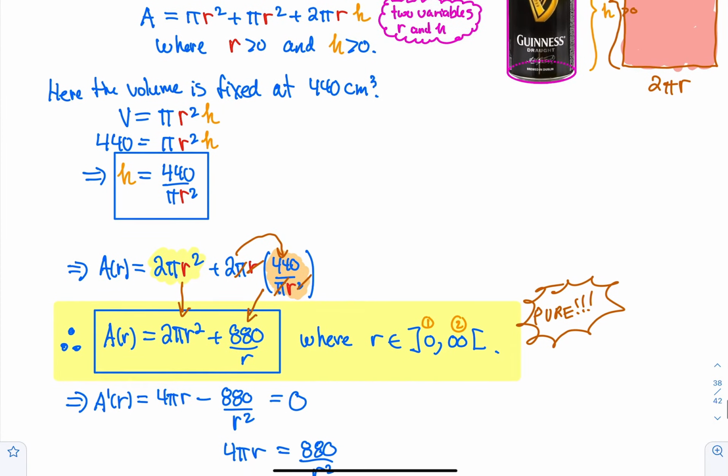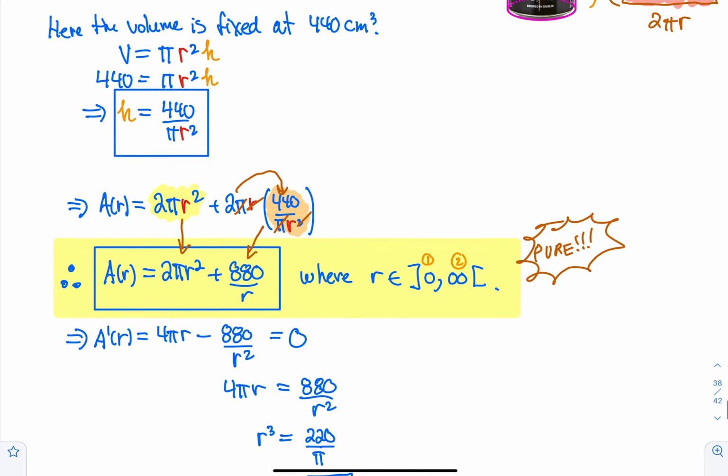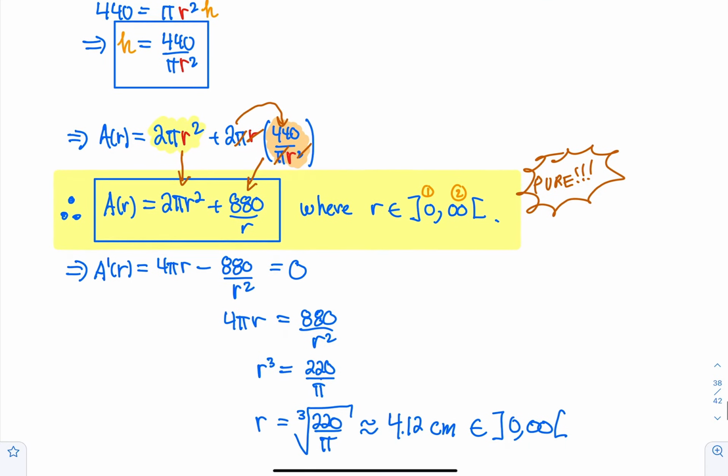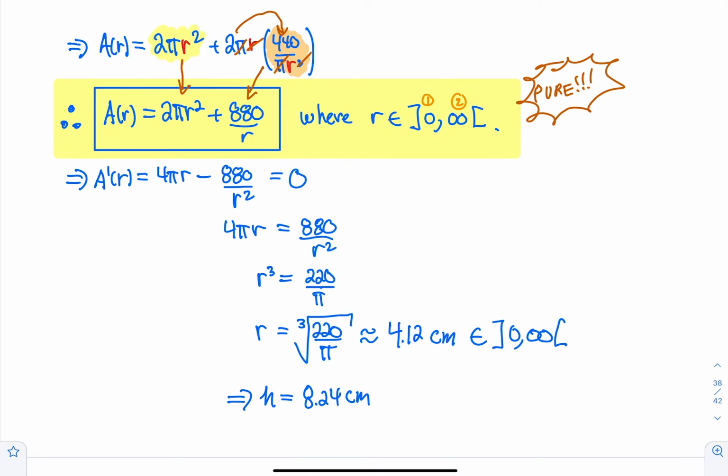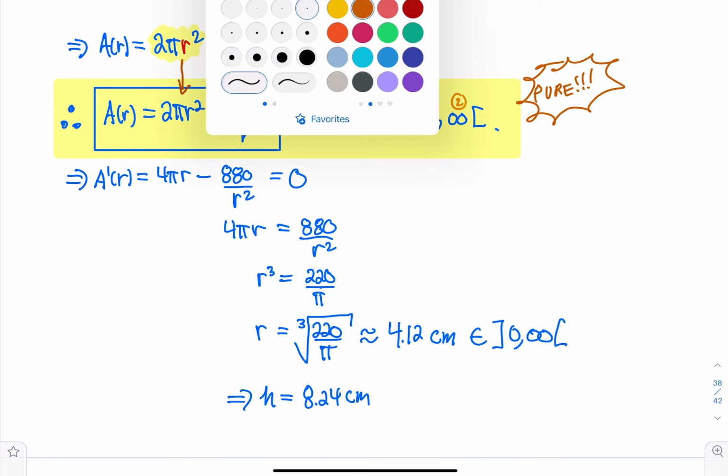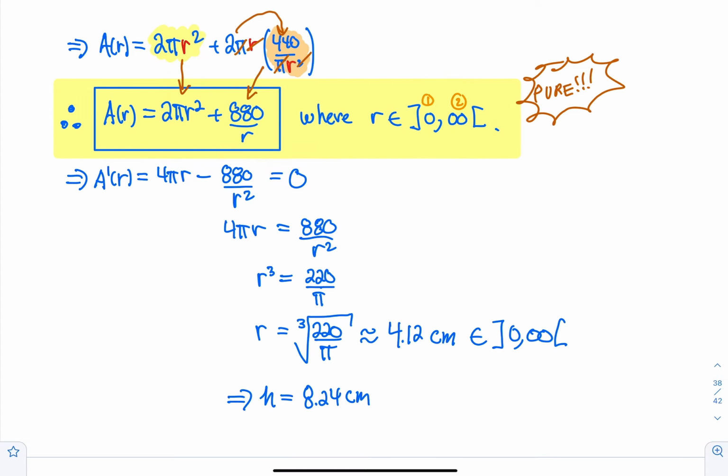Now that we're back to a pure optimization problem, I'm just going to go over quickly the computations, but there's really nothing new. This is just like 6.4. The first thing you always do when you have a pure optimization problem is compute the derivative of your function to find any critical point.